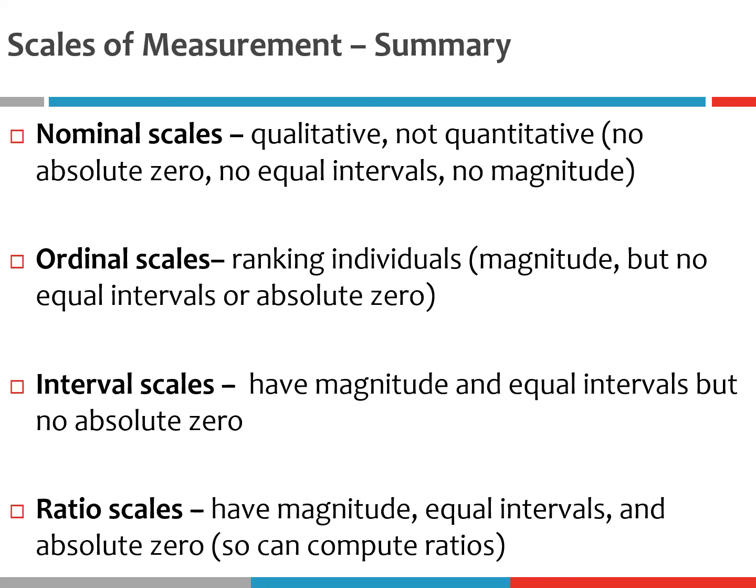Interval scales have magnitude and equal intervals, but no absolute zero. And ratio scales have magnitude, equal intervals, and absolute zero so that you can compute ratios.